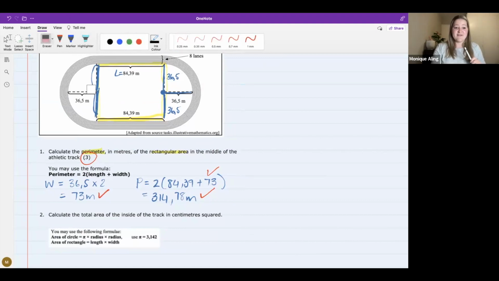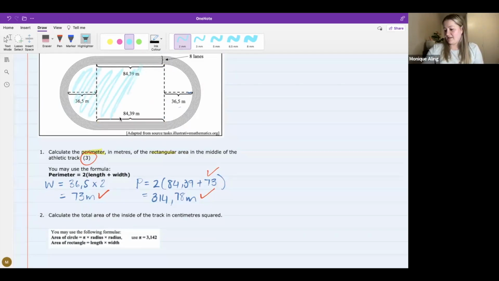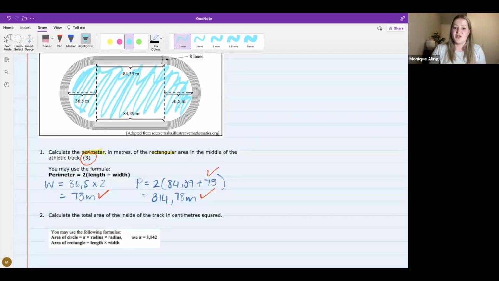So total area, that means we are going to be working out this whole shape over here, the area of this whole shape. Do you know how we can do this? Does anyone have an idea?